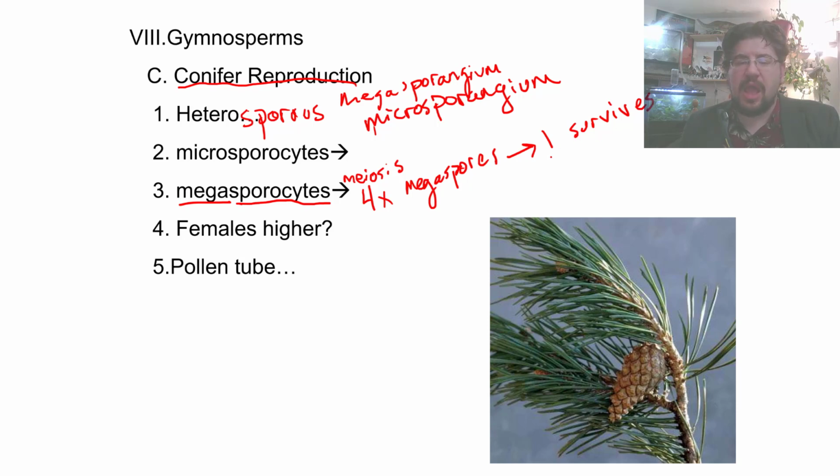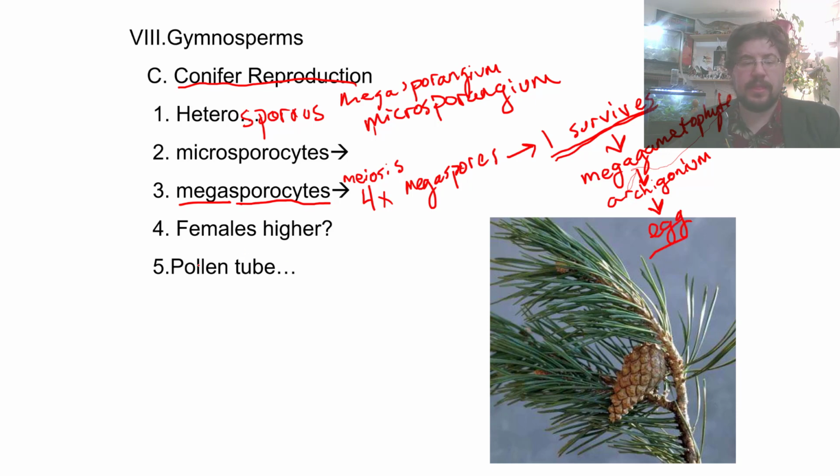Now, I'm not going to say in every single plant 1 megaspore survives and the other 3 break down, but this is the typical life cycle here. So 1 survives and becomes the megagametophyte. The megagametophyte produces the archegonium, and the archegonium produces the egg.